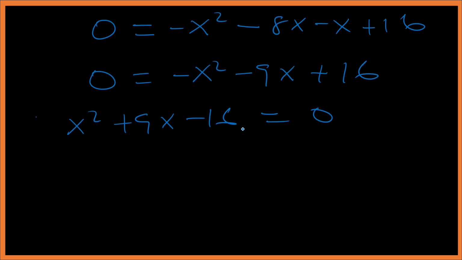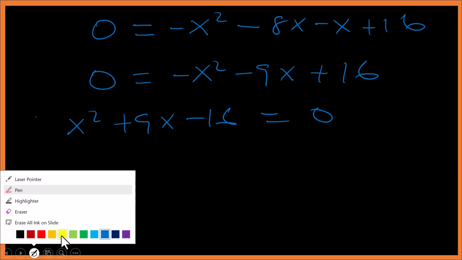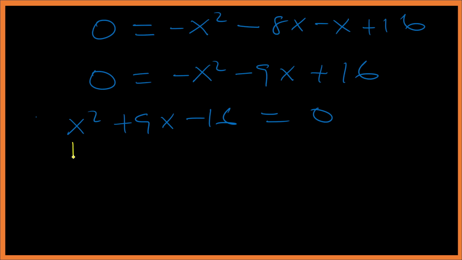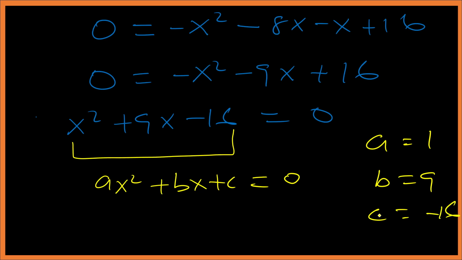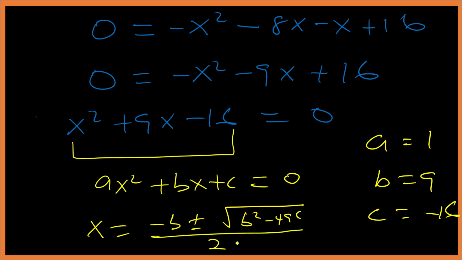Let's go ahead and compare this to the general quadratic equation, ax squared plus bx plus c equal to 0. A is 1, b is 9, c is minus 16. So we have x equals minus b plus or minus square root of b squared minus 4ac, on 2a.